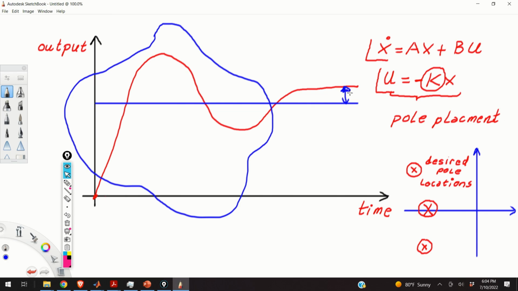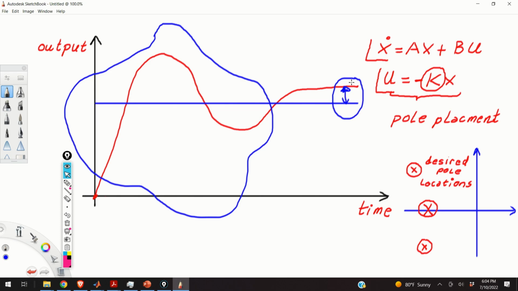To eliminate the steady state error, we need to augment the pole placement method and the control algorithm that's based on the pure state feedback by an integral control action. The purpose of an integral control action is actually to eliminate the steady state error. And in this video, I will teach you exactly that.